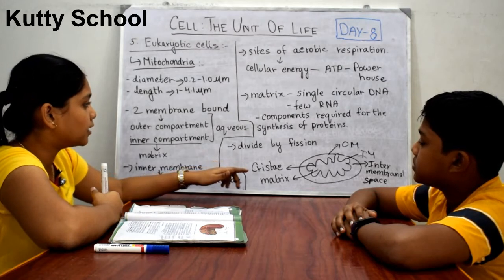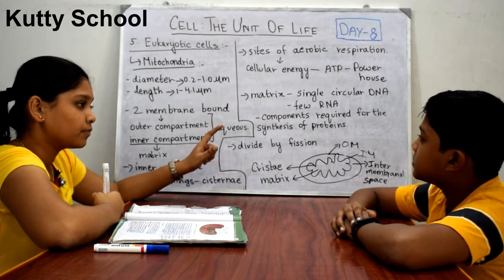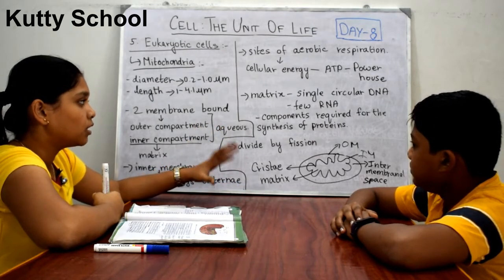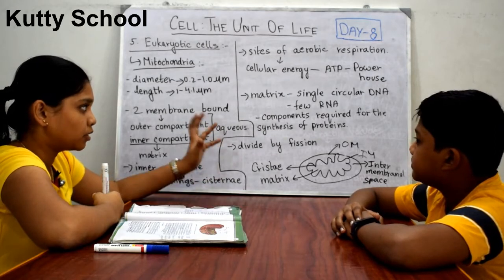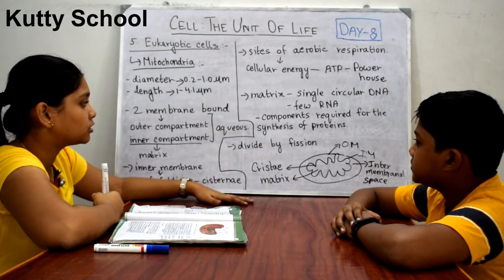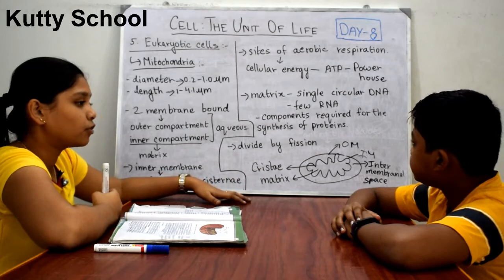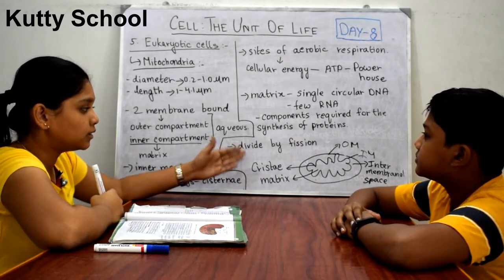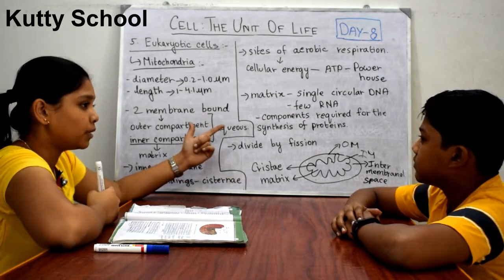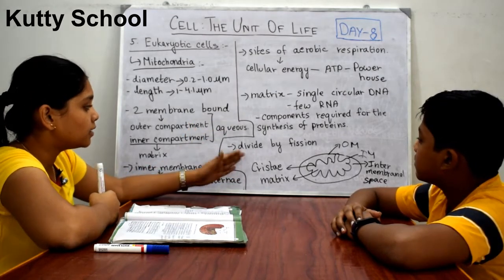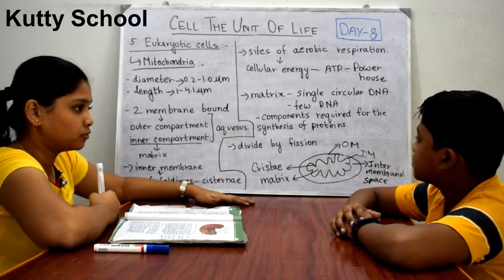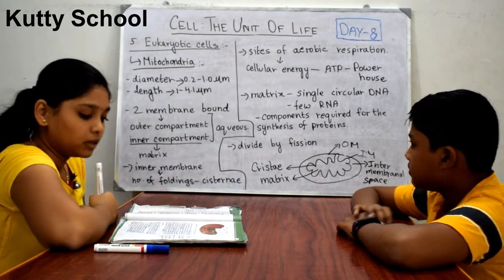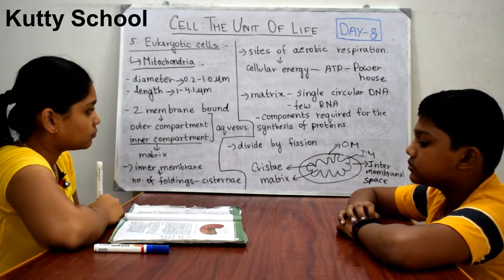In their matrix they have a single circular DNA, a few RNA molecules, 70S ribosomes, and some components required for the synthesis of proteins. So they also synthesize proteins with those components. And mitochondria divide by fission.